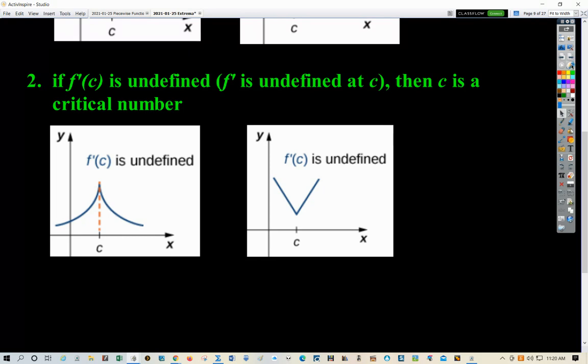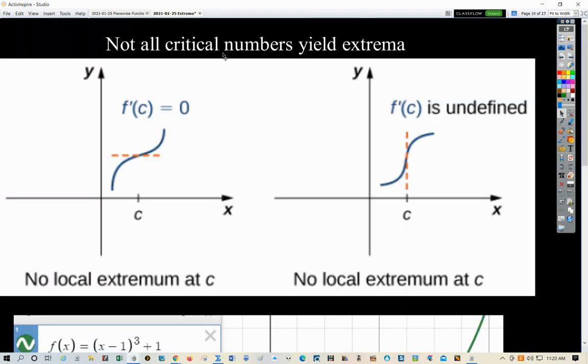But you've got to be careful with this because not all critical numbers yield extrema. Just because we found a critical number doesn't mean that it necessarily is going to give us a peak or a valley. Here's an example of a critical number. That curve is supposed to be horizontal in the middle. You get the idea, right?